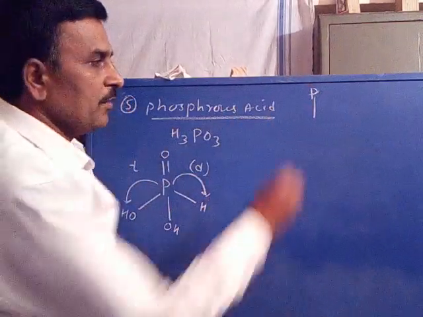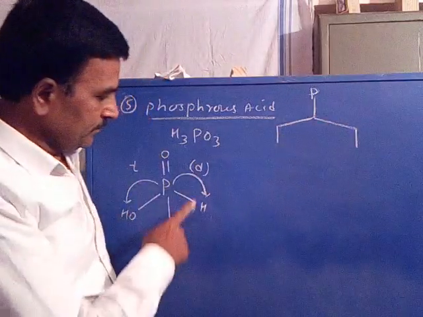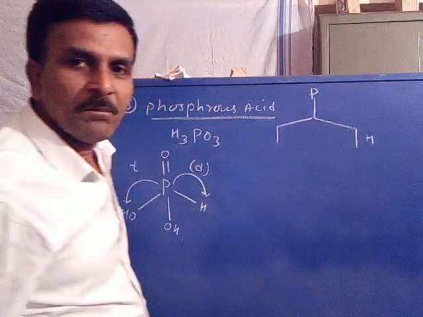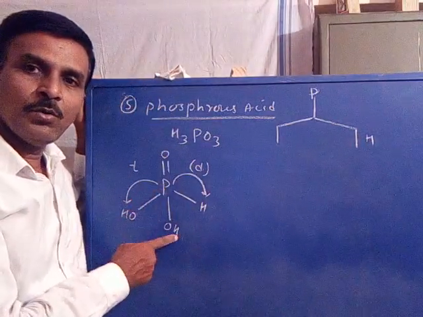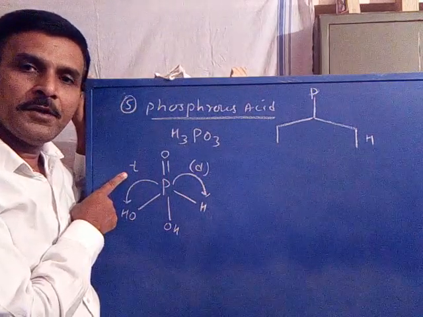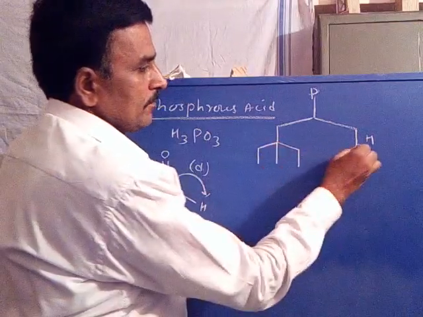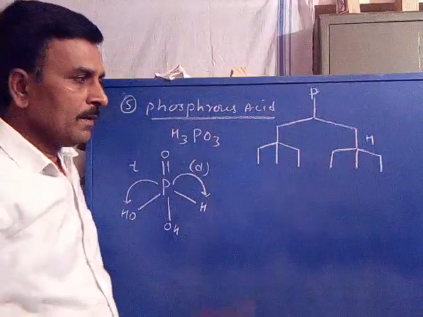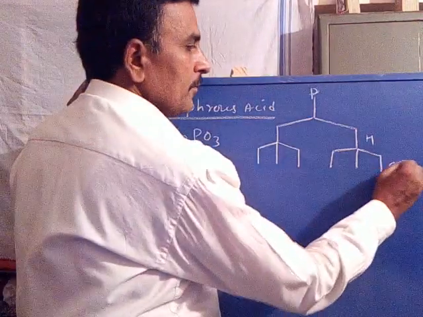When coupled with hydrogen, it becomes a doublet. This is due to hydrogen coupling. When the same phosphorus is coupled with the two OH protons, every line of the doublet becomes split into a triplet. You see, like this. Now the triplet is due to coupling with the OH protons.